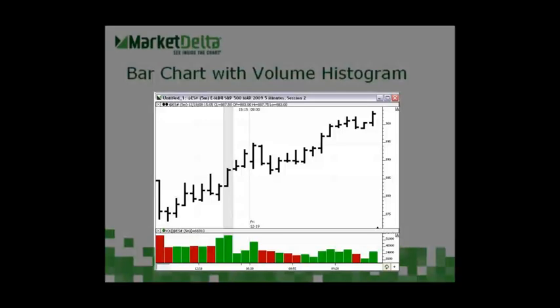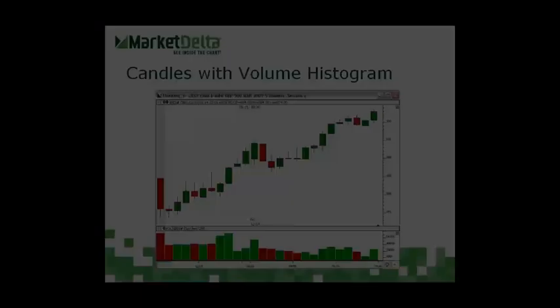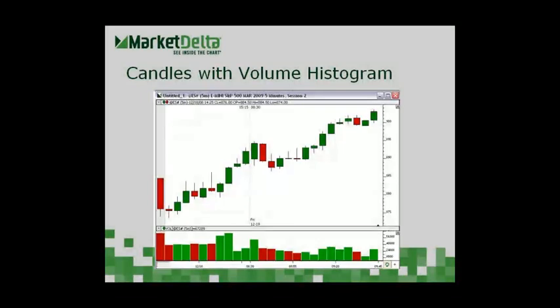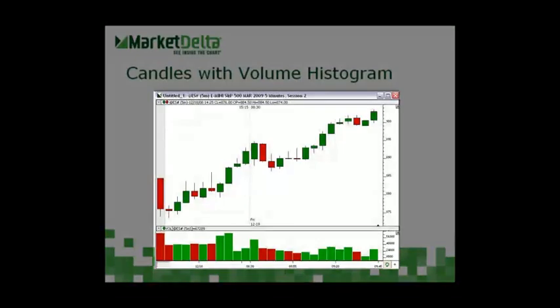The chart being displayed is about as basic as it gets. Each bar represents some period of time, and the histogram below indicates the quantity of volume traded for each period. The bar does at least indicate the open, high, low, and closing prices, but not much else. Here, the same data is rendered in a candlestick style chart.